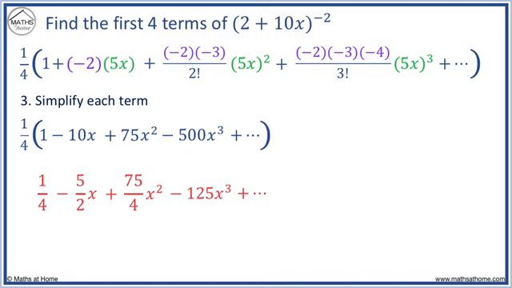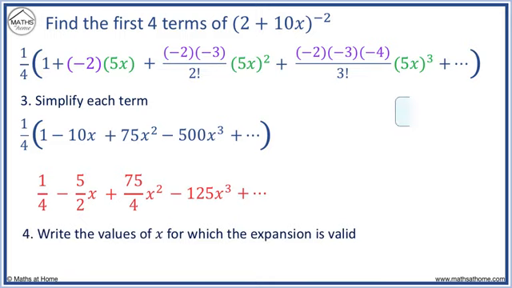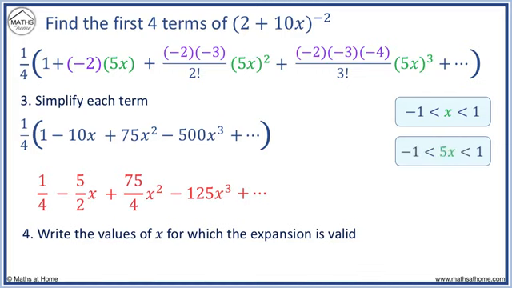This is our simplified binomial expansion for (2 + 10x)^-2. It is only valid for x values between -1 and 1. We used an x equal to 5x. Dividing all terms by 5, x must be between -1/5 and 1/5.